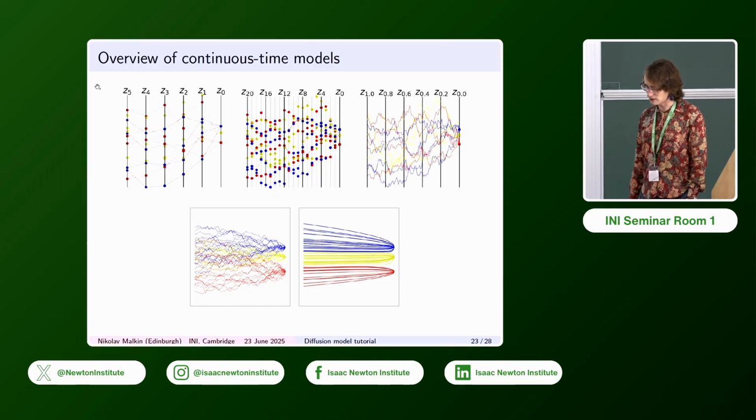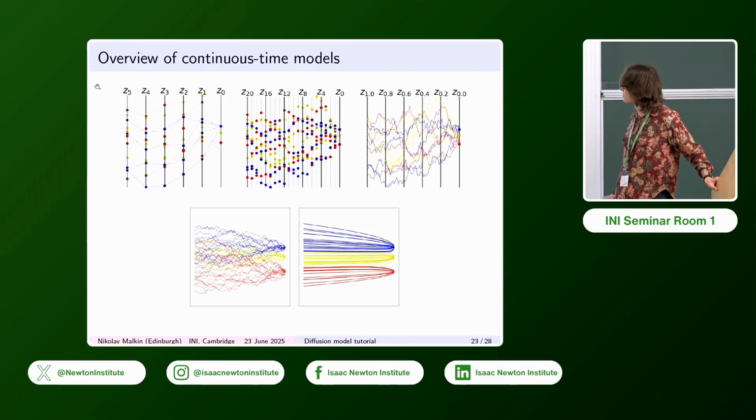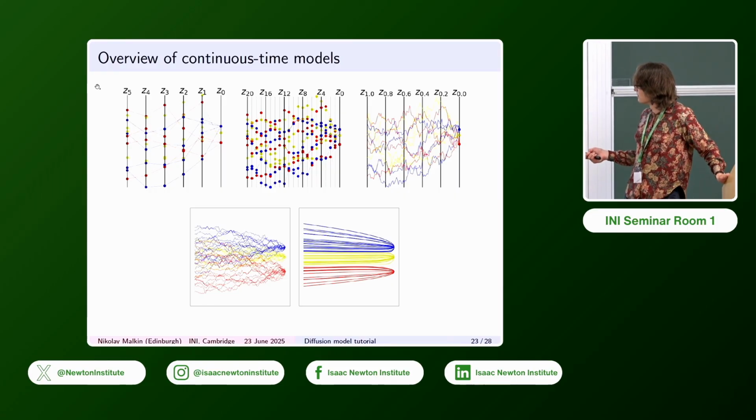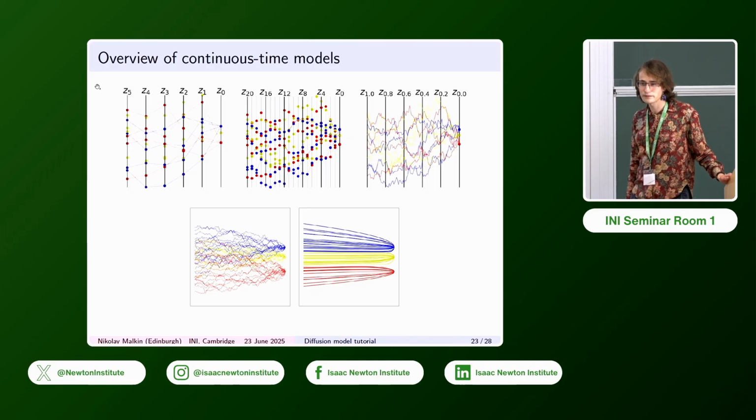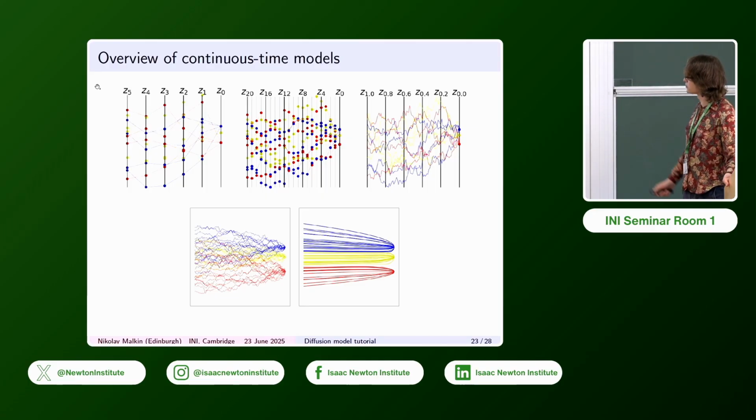So this is what we'll examine in more detail next. We're going to want to think of generating samples as something happening by running a continuous time dynamical system, which may be stochastic, as in the picture on the left, or deterministic, as in the picture on the right. That's the final connection that I want to sketch for you.